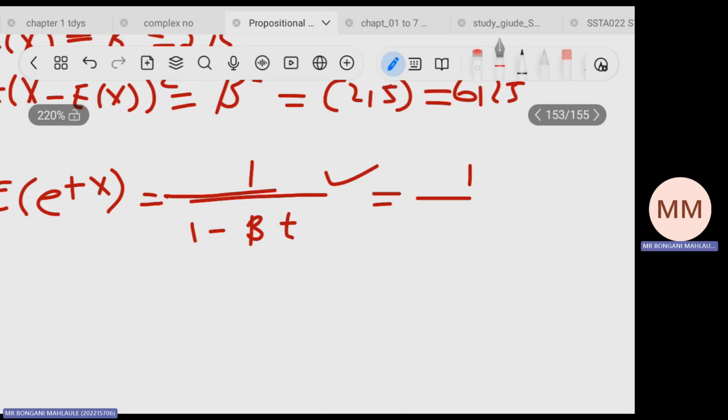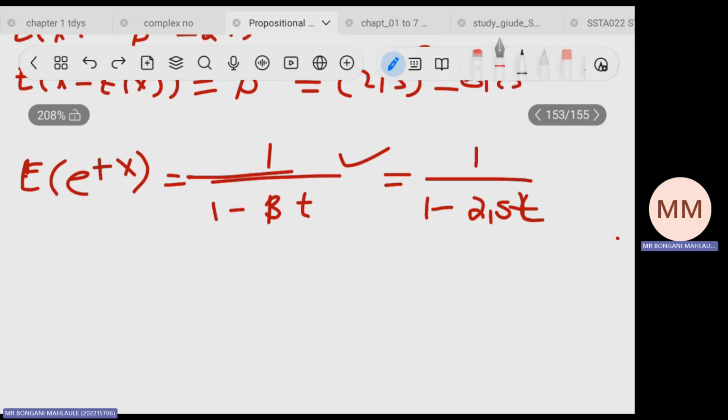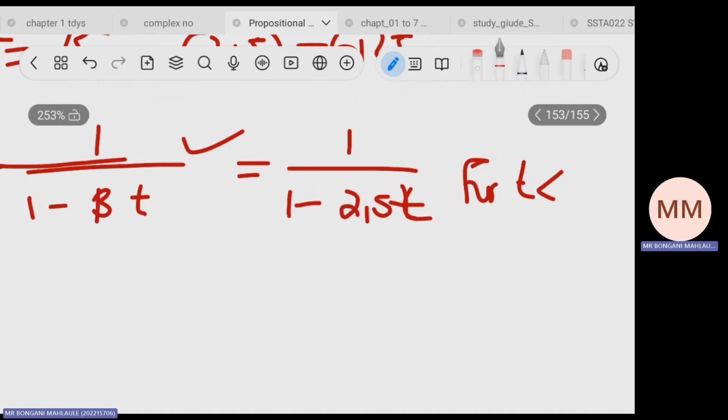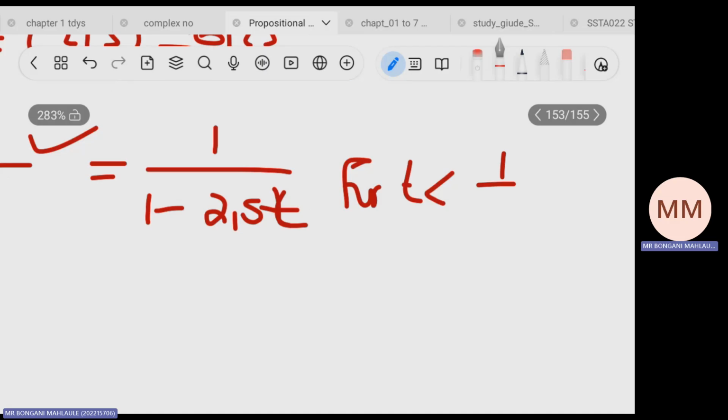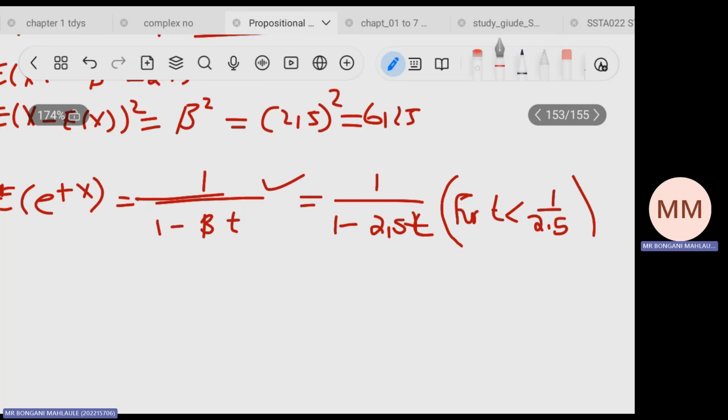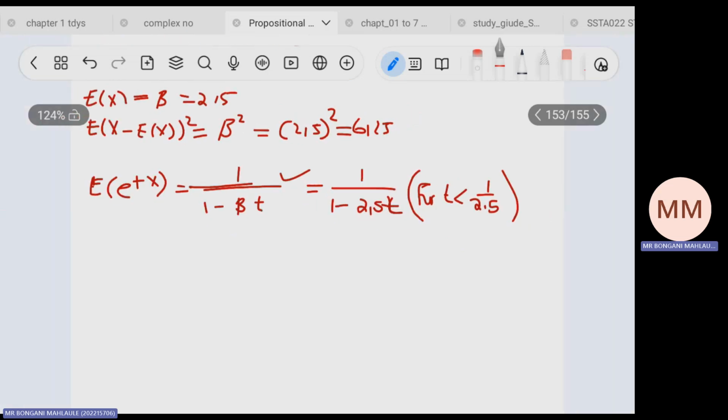And this will be 1 over 1 minus 2.5t. You can still continue to manipulate that, but I'm going to leave it there. Then you'll say for t less than 1 over 2.5, because if t is equal to this, you'll get undefined. So that's our MGF.